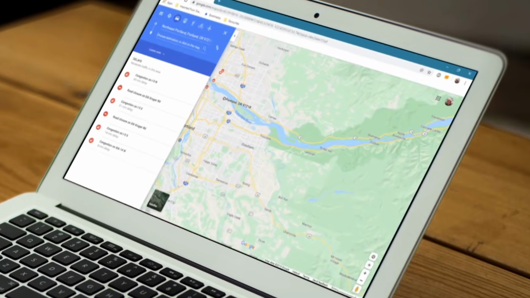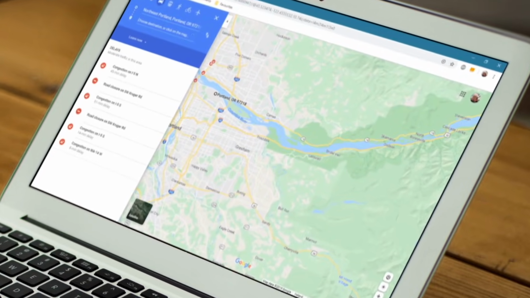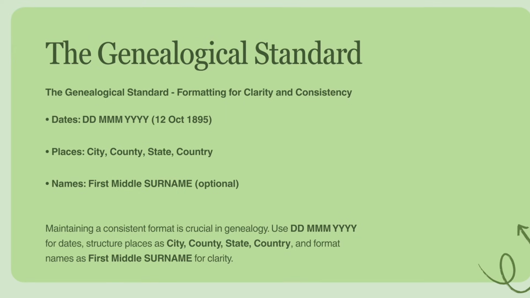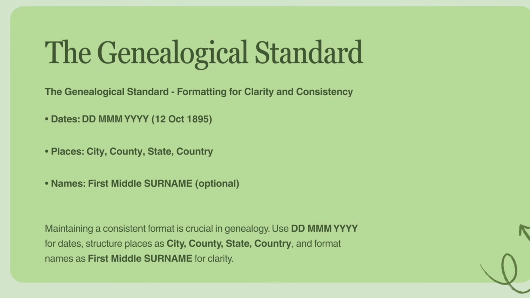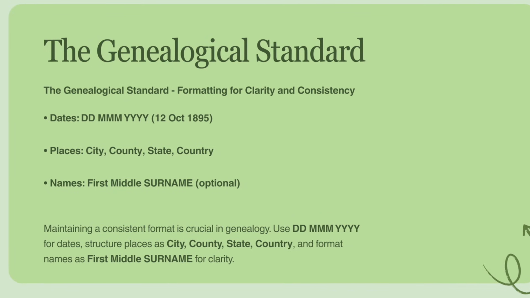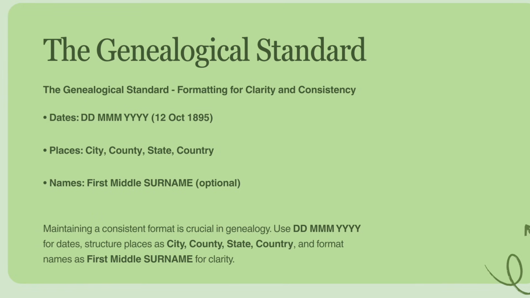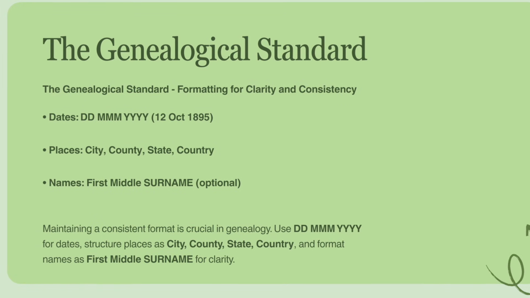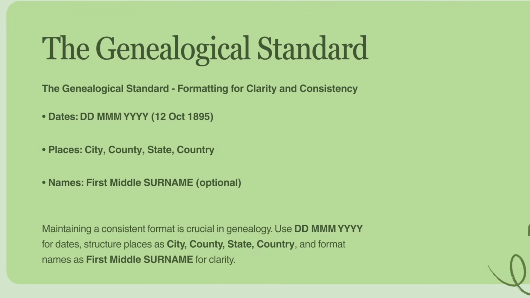Ancestry will usually suggest this automatically as a format, so let it. And as for names, simply capitalize the first letter. Some old school researchers, and I've got to put myself into this category, put surnames in all caps, and I used to do this a lot too. That's a stylistic choice, but consistency is key. A messy tree is a hard to research tree.